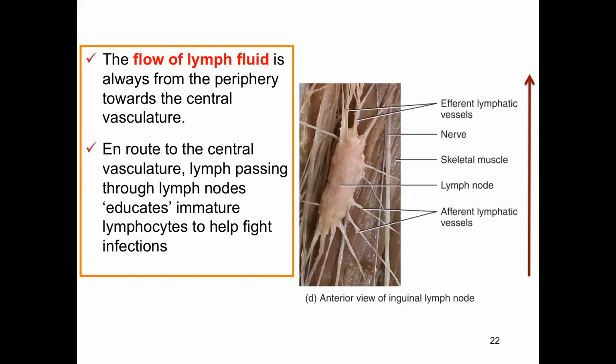And if there's some sort of an infection or something that doesn't belong there, as this fluid filters through your lymph nodes where your B and T cells are waiting for a call to action, it will then educate those lymphocytes and help them mature so that they can then leave the lymph node and go out into the tissues and do their thing, okay? And then go out via the bloodstream. And then some of them can travel through the lymph as well.